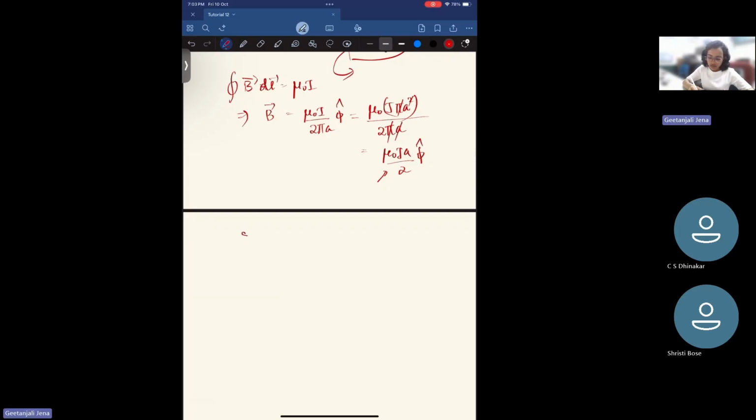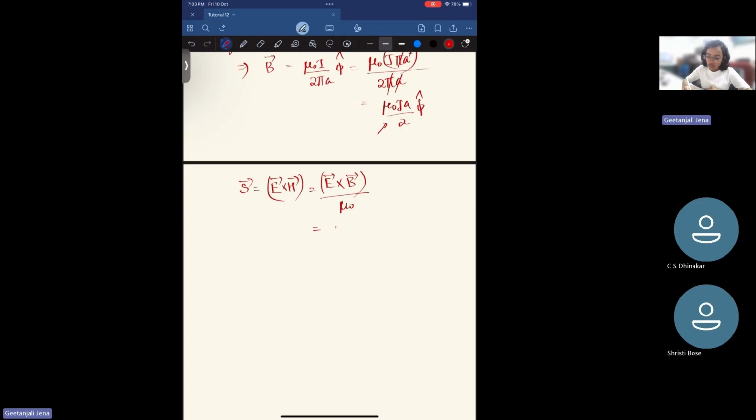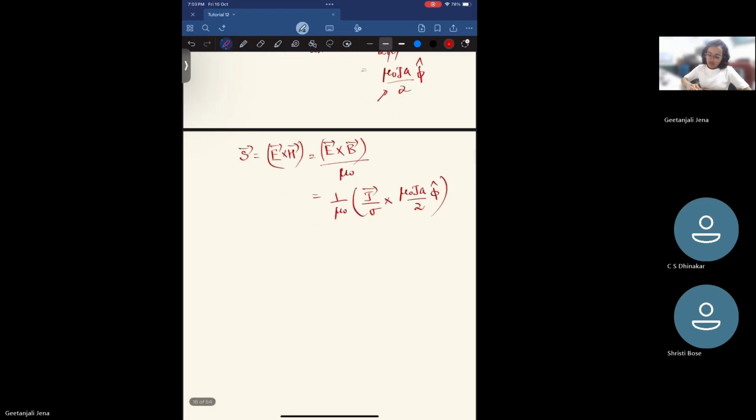So that means S is E cross H, or in terms of B, E cross B by mu naught. We know E is J by sigma, and B is mu naught J a by 2 pi a.